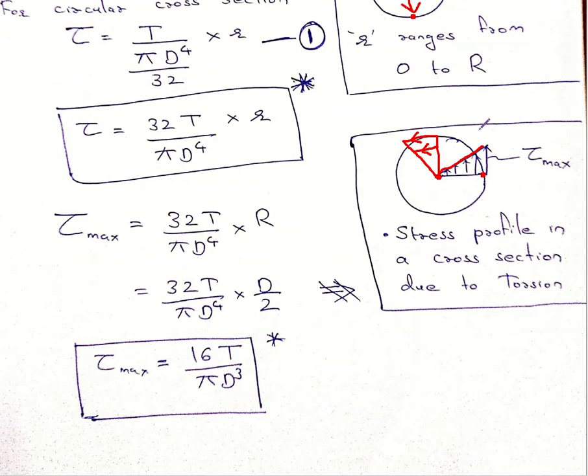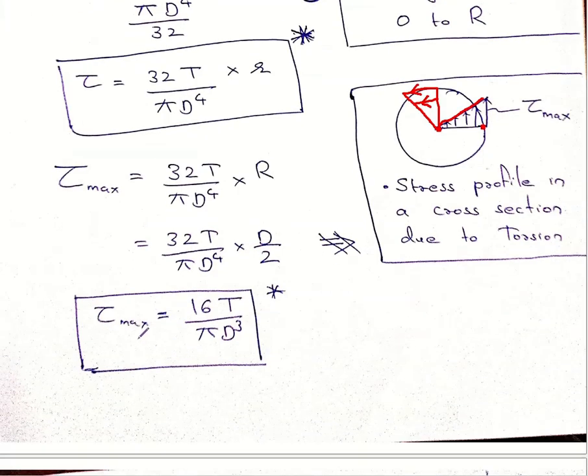When I substitute D by 2 for capital R, one d out of the d raised to 4 gets cancelled, and 32 and 2 get cancelled. The final equation, the maximum stress equation, becomes 16 T by pi d cubed. This is an important equation for a circular cross section.